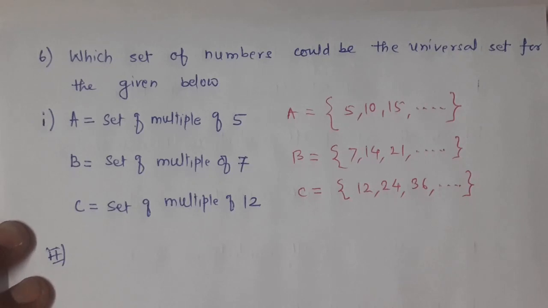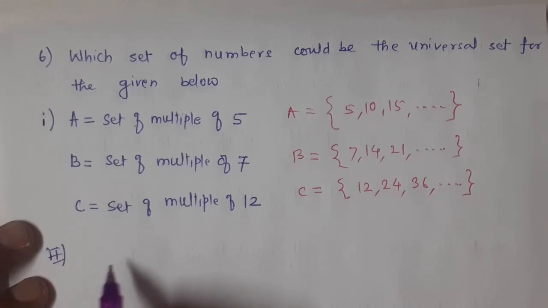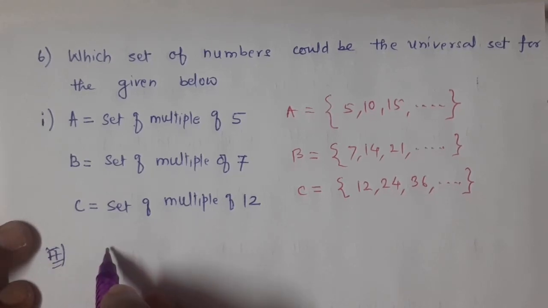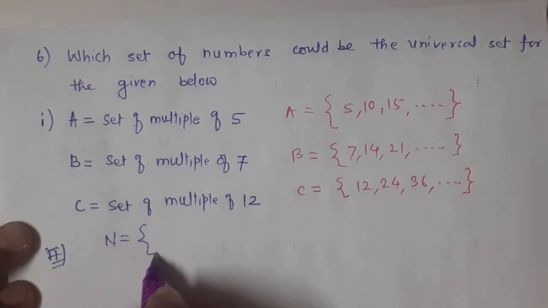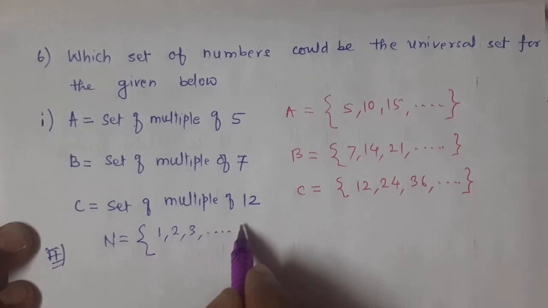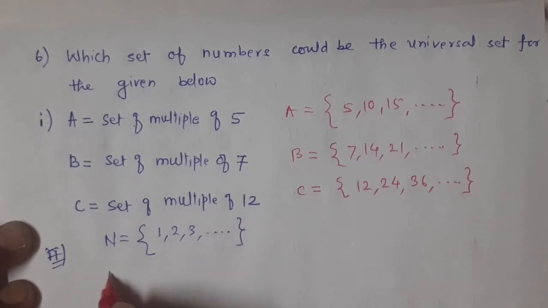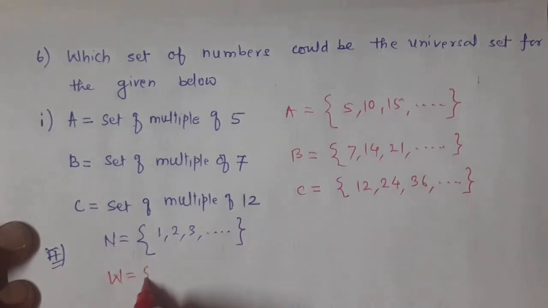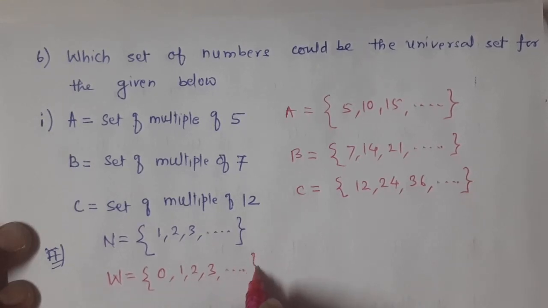You know that all these sets come under which set? First we have learned about the set of natural numbers, N, which is 1, 2, 3, and so on. Then we have the set of whole numbers, W: 0, 1, 2, 3, and so on.